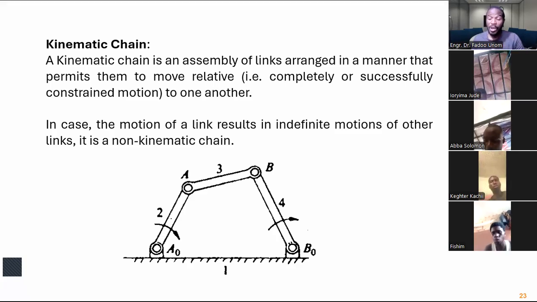When we cannot define how the links will move when we make an input motion into one of the links, then it becomes a non-kinematic chain.